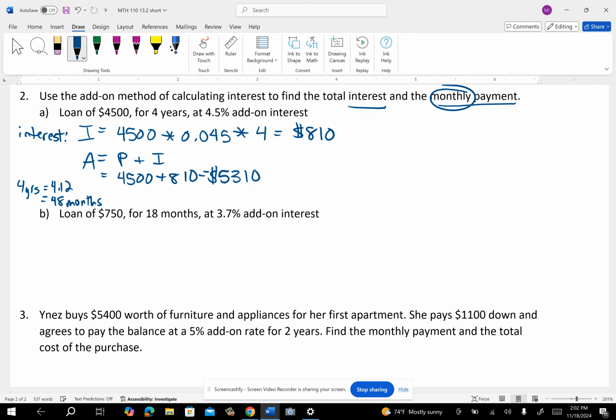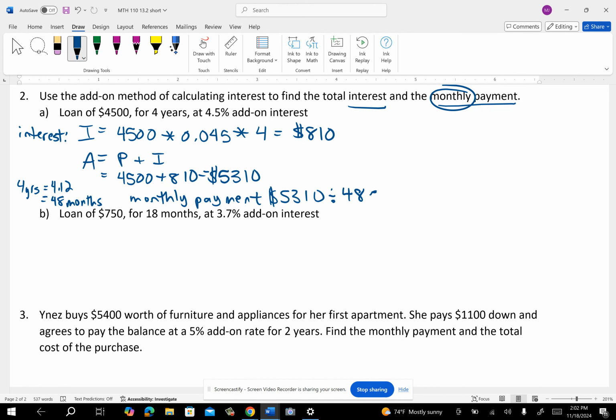So I'm going to take the amount that I have to repay. So for the monthly payment, I'm just going to take that $5,310 that I have to repay and cut it into 48 equal payments. Okay, so when I do that, 5310 divided by 48, this one I'm going to have to round.